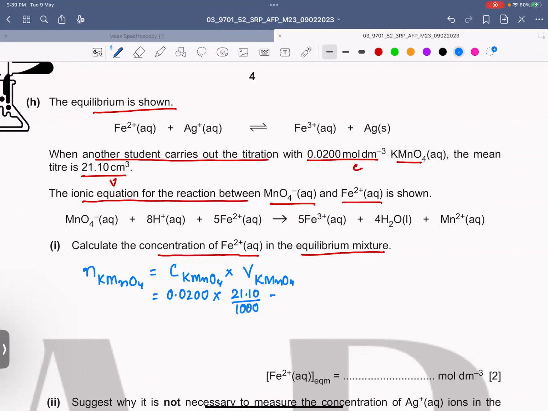Can anybody tell me the answer, please? 4.22 into 10 to the power minus 4.